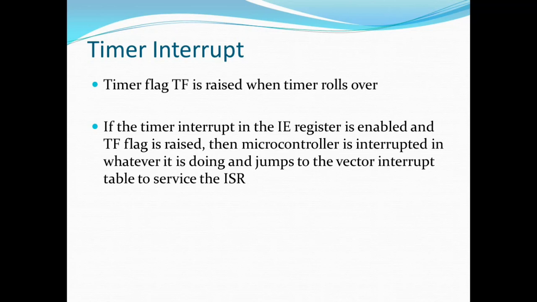We know that whenever the timer reaches its maximum value, it will roll over back to 00, and at that point the timer overflows, and the timer flag is set to 1 and generates an interrupt for the microcontroller. If you are using timer 0, then the TF0 flag will be raised, and if you are using timer 1, then the TF1 flag will be raised and the microcontroller will be interrupted.